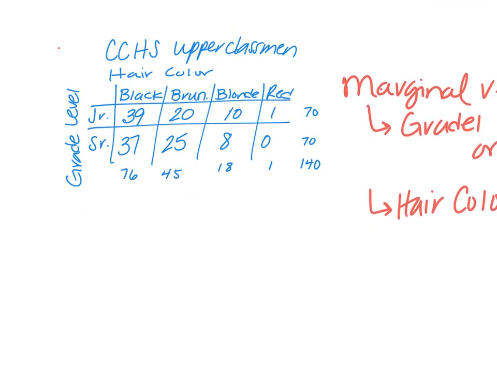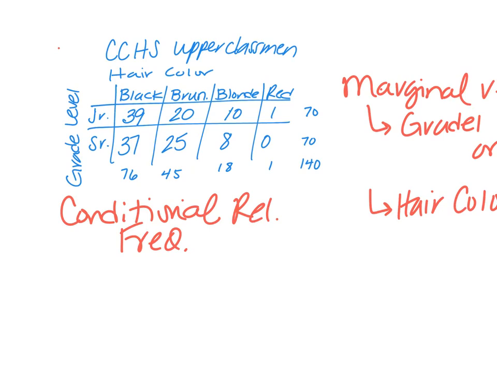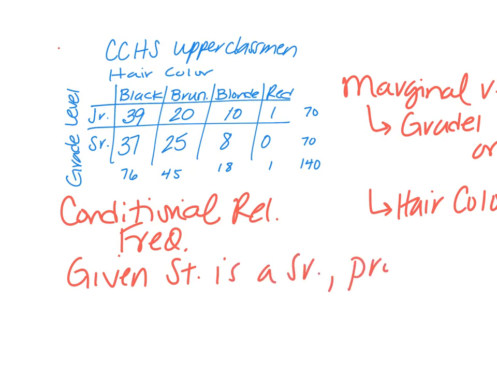Let me move this out of the way. So for a conditional relative frequency, there has to be some condition that's being met. So given the student is a senior, what's the probability of red hair?